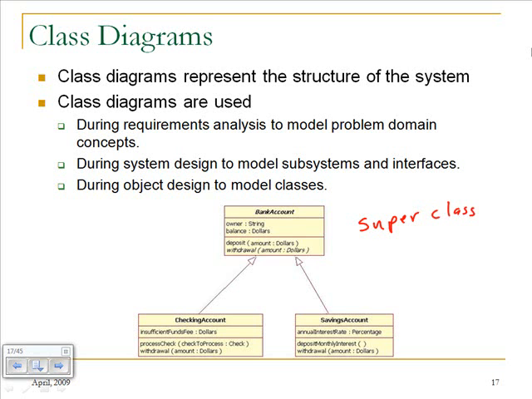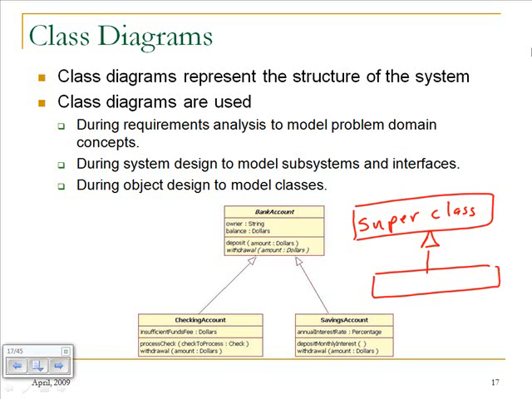Okay, so I have a superclass up here, and then I'm basically going to generalize it into some kind of specialized or special class. So I have a bank account which can have a name, owner, the balance. It can perform deposit, withdrawal, but I can also have a special type of bank account which I can generalize from here, which is checking account.